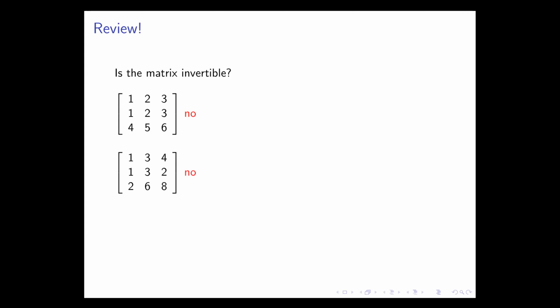Do the echelon reduction and convince yourself that it doesn't work. In particular, if you multiply the first row by 2, you get exactly the third row. So it is not invertible due to the same reason.